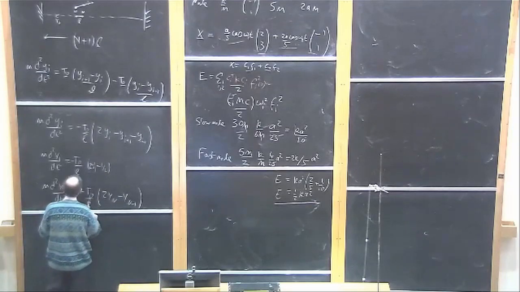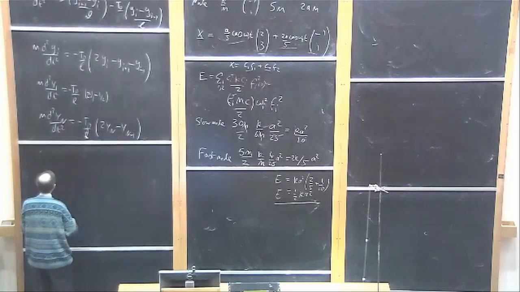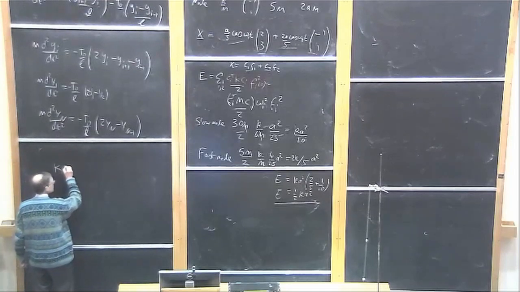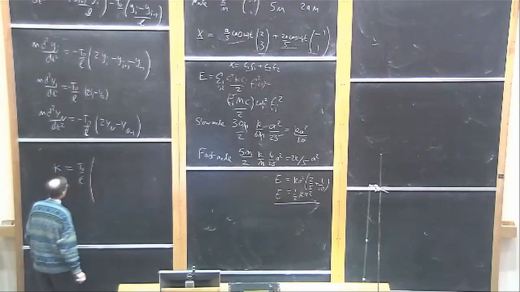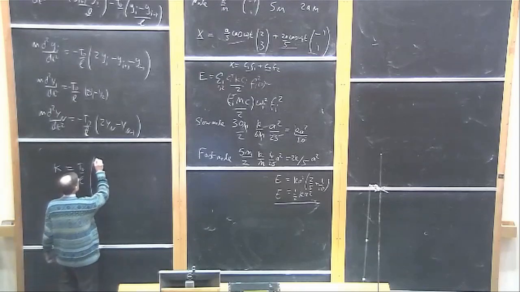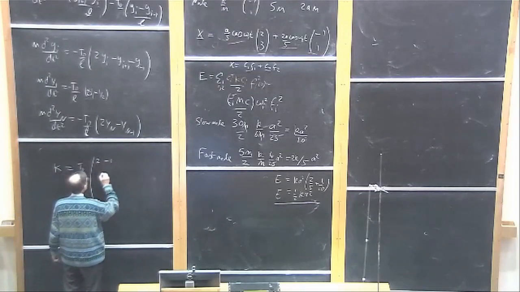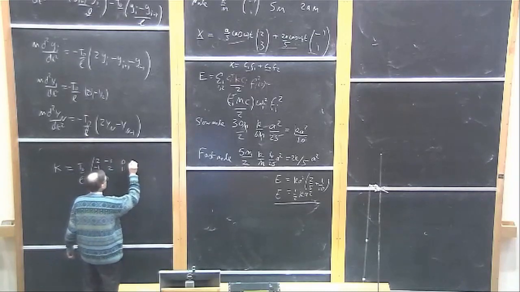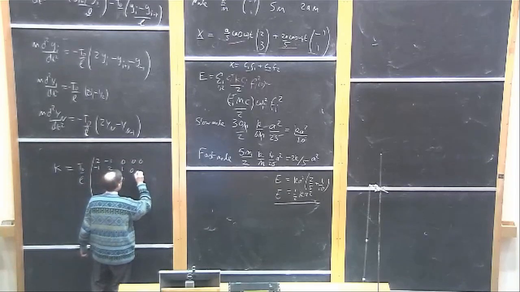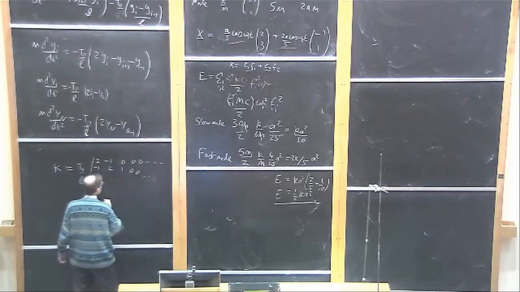So we put that into a matrix. So the K matrix is something like T naught over L times: the first row is 2, minus 1, and then the next row has minus 1, 2, minus 1, and then I'm just going to do that many rows.